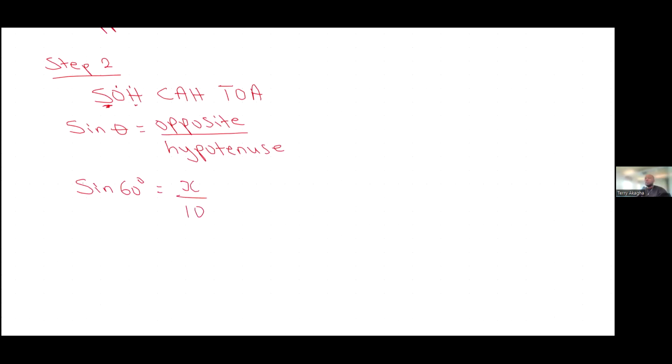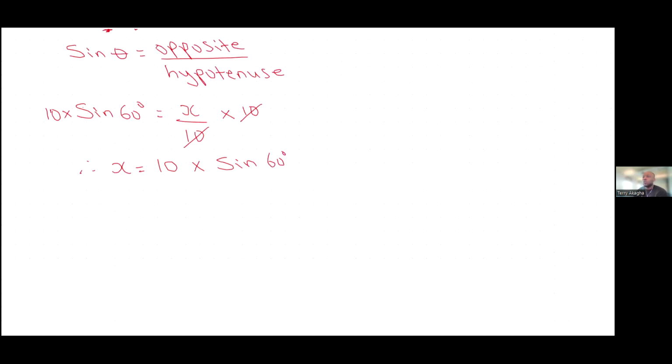All right, so we're looking for x here. To get x on its own, I'm going to multiply both sides by 10. So this 10 will cancel this 10. Therefore, x will be equal to 10 multiplied by sine 60. Then step 3.